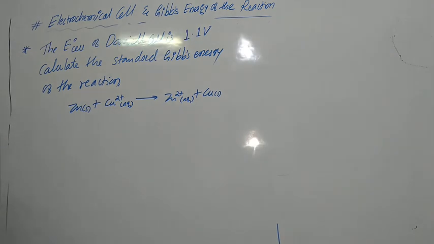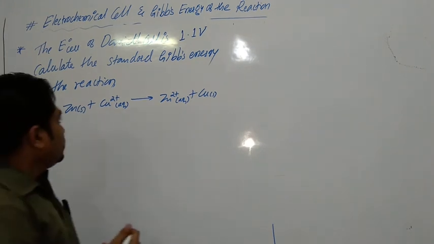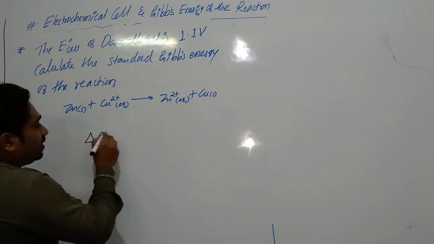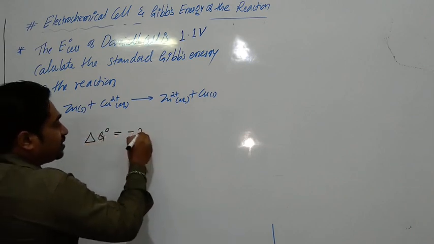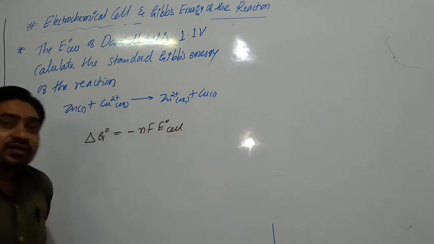Now we have to calculate the standard Gibbs energy for this reaction. So what is the formula to calculate standard Gibbs energy? Delta G0 is equal to minus nFE0 cell.